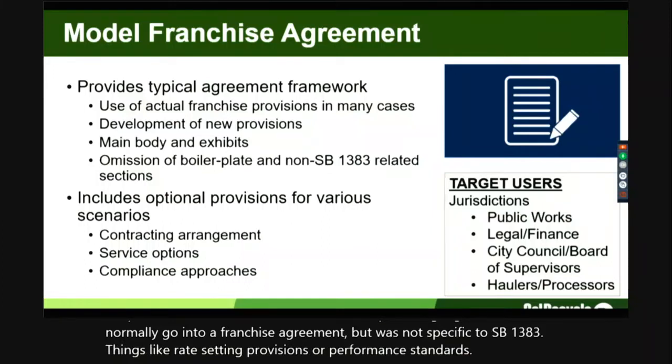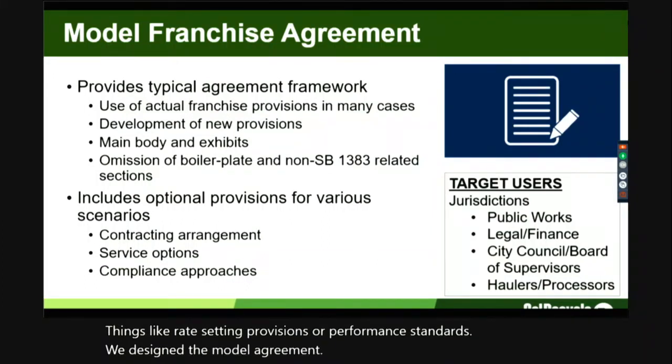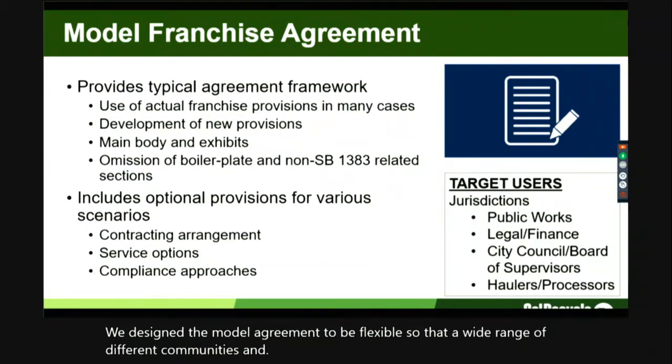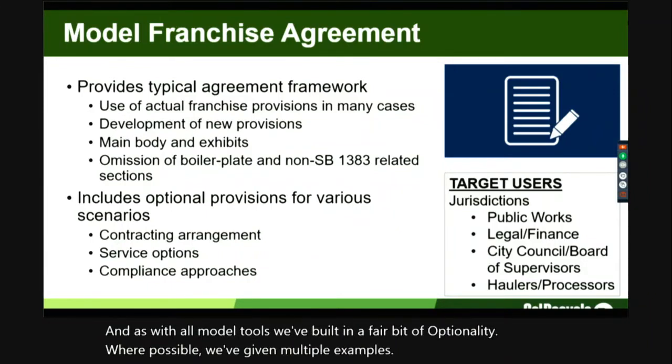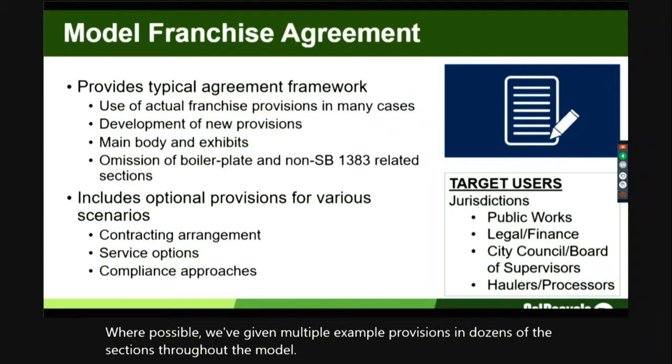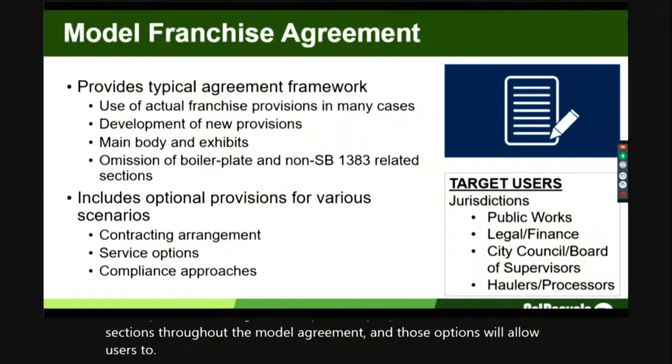We've designed the model agreement to be flexible so that a wide range of different communities and contracting arrangements could be accommodated within it. And as with all model tools, we've built in a fair bit of optionality. Where possible, we've given multiple example provisions in dozens of the sections throughout the model agreement, and those options will allow users to pick and choose the language that most closely fits their particular circumstances and desired compliance approach.